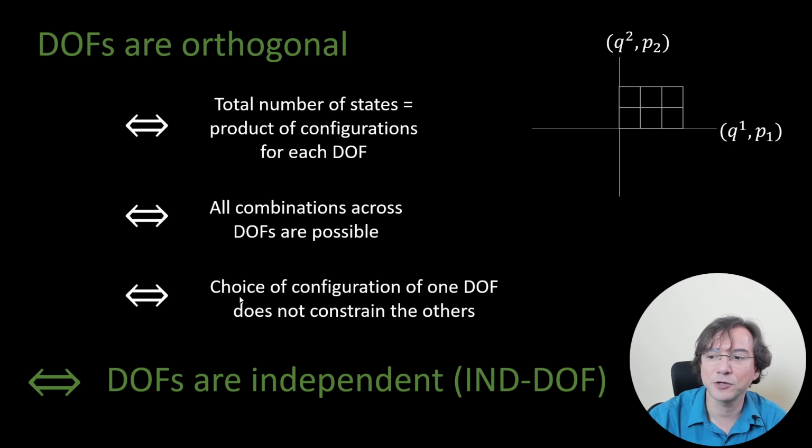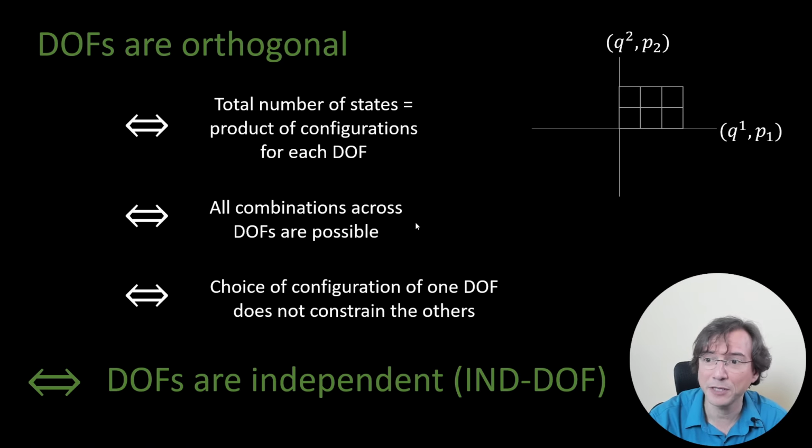This means that the choice of configuration of one degree of freedom does not constrain the other. So if I pick these values, we're still free to pick whatever value we want here. Therefore, the degrees of freedom are independent. So orthogonality in phase space means that the degrees of freedom are independent.